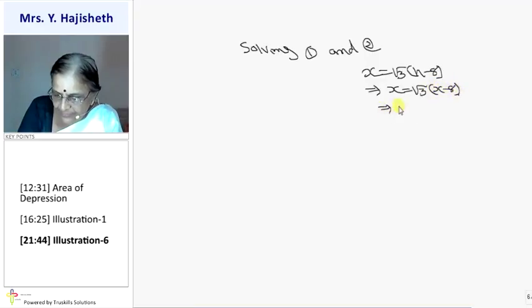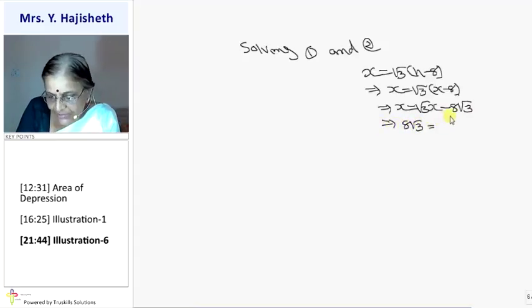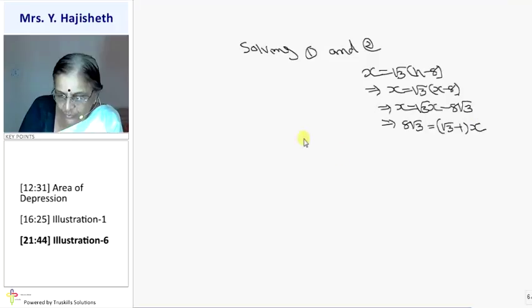Just open it. x is √3x minus 8√3. Clear? So that implies 8 root 3 is root 3x minus x. So it is root 3 minus 1 into x. I change this side. So what is my x? x is 8 root 3 upon root 3 minus 1.